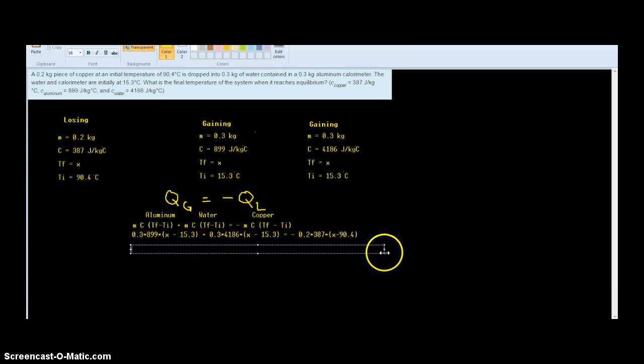To further reduce this down, I can begin to multiply these coefficients out front together, and then I'll be left with these quantities still in the parentheses. So if I simplify this, take 0.3 times 899, I end up with 269.7 times this quantity, which we will later distribute.